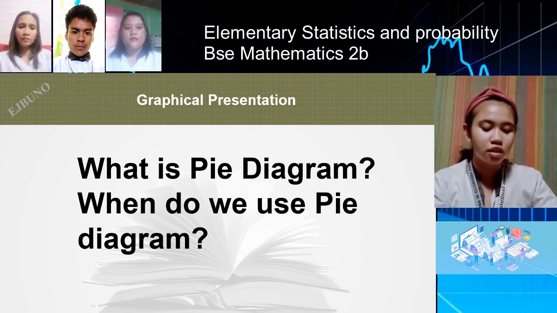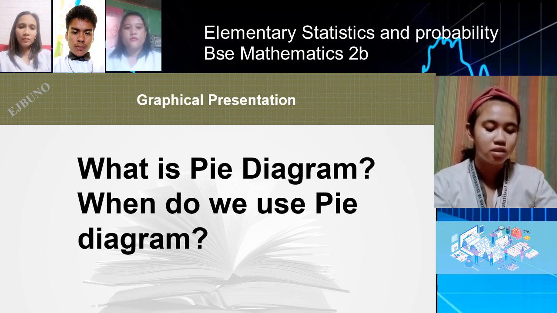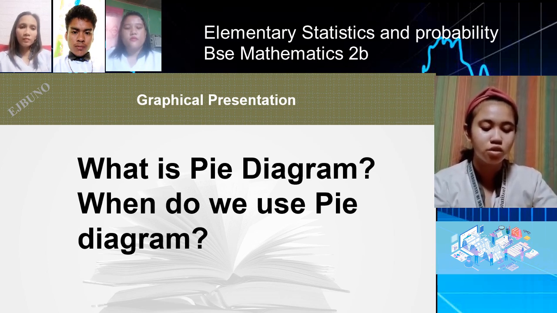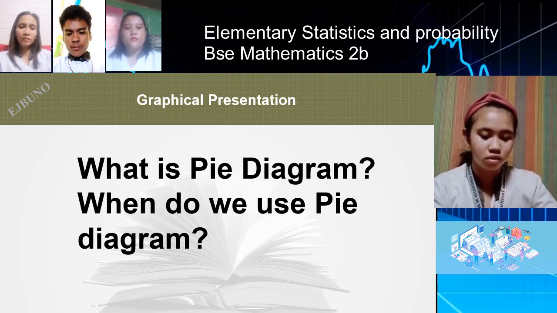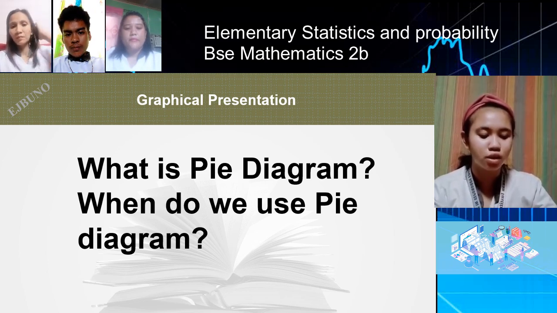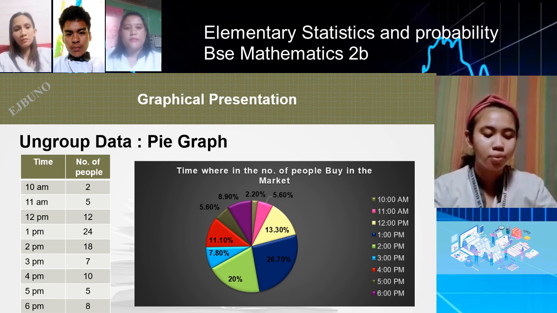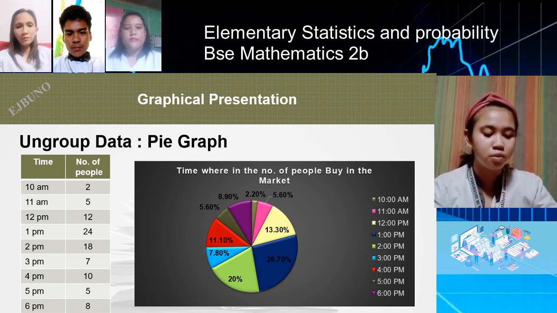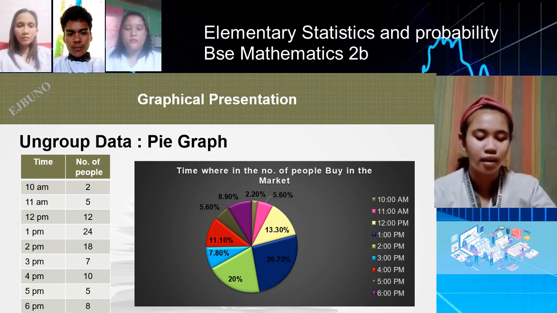Then at the center of the circle, these angles are drawn simultaneously, starting from a particular radius. In this way, we get a set of sectorial areas proportional to the values of the items.